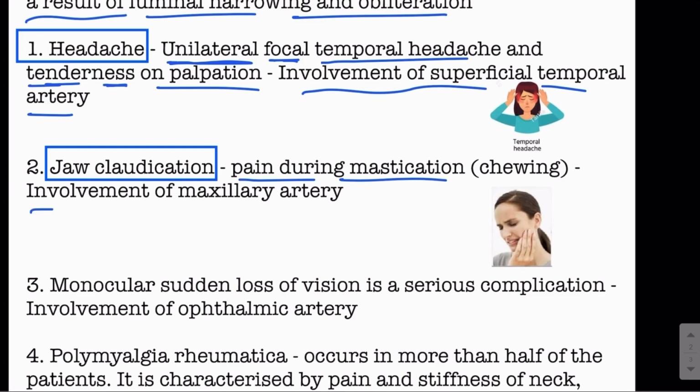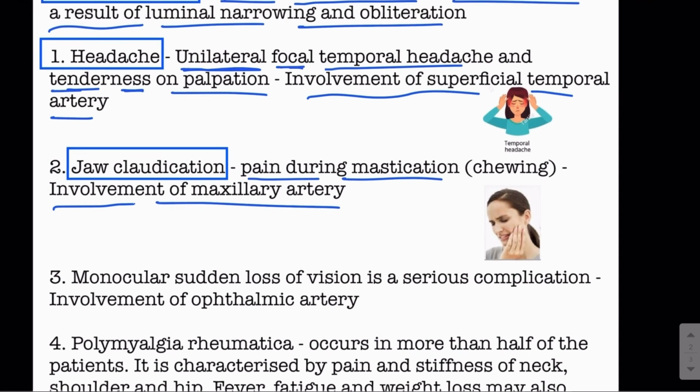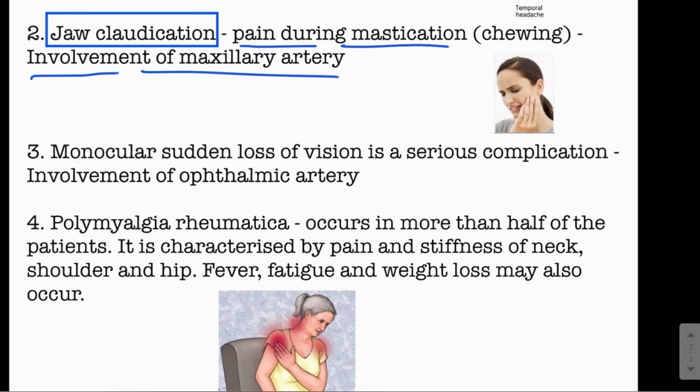And jaw claudication is due to the involvement of the maxillary artery, because the maxillary artery supplies blood to the temporomandibular joint.